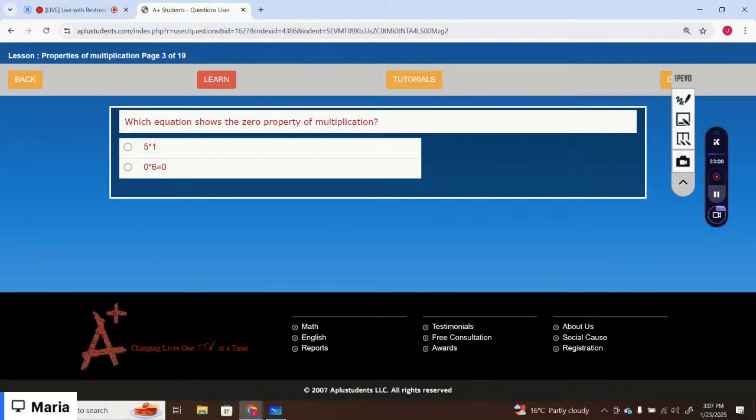Which equation shows the zero property of multiplication? So which is the correct option? That is option number 2. 0 times 6 is 0. That is the zero property of multiplication.